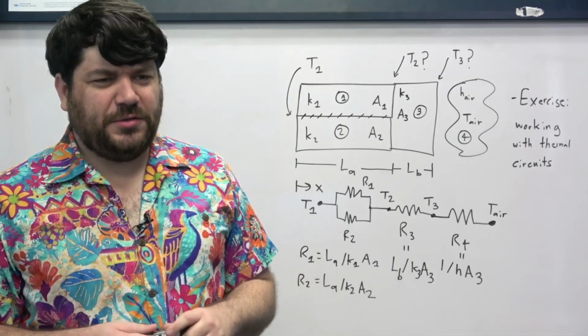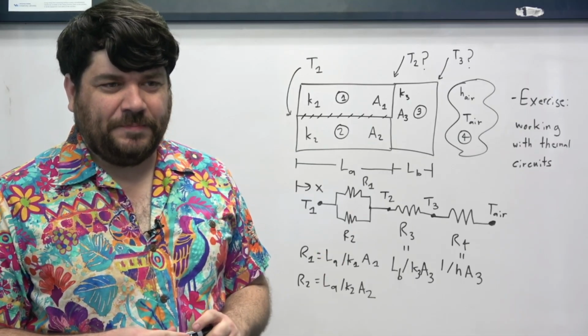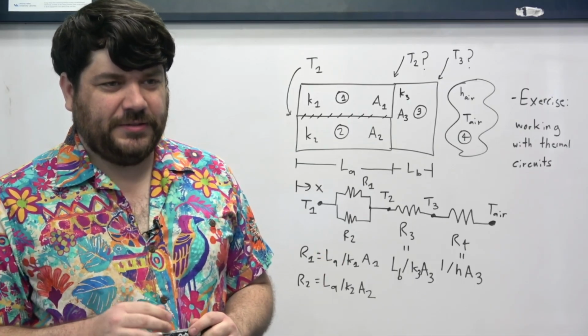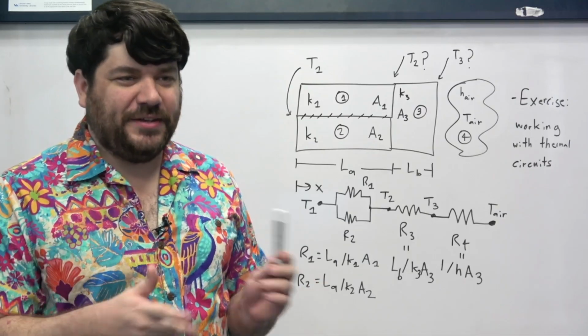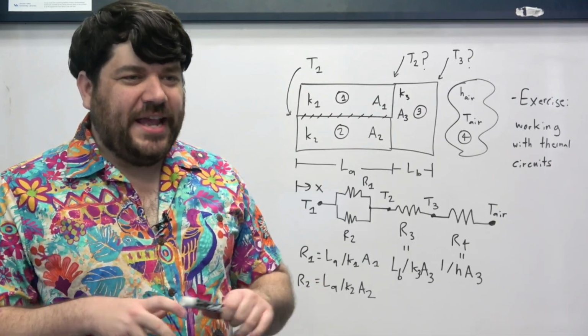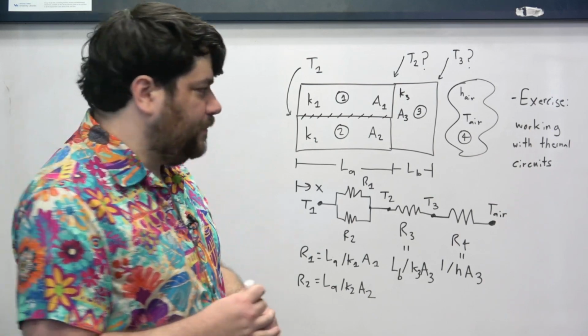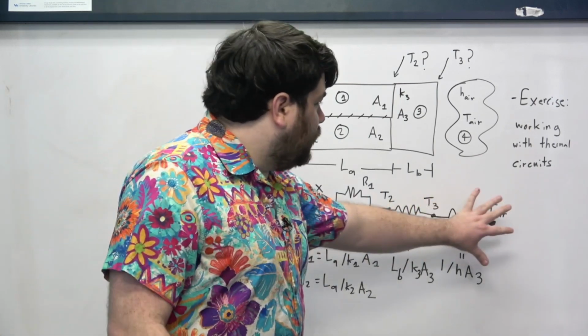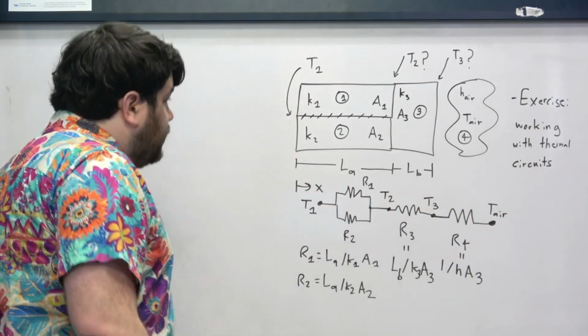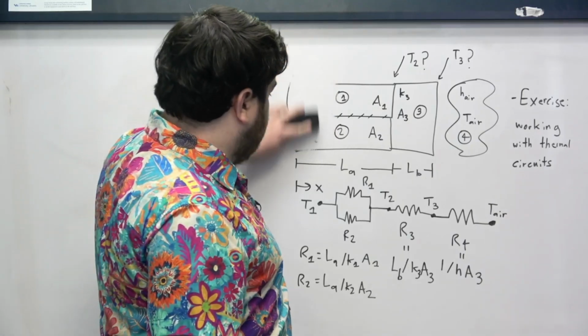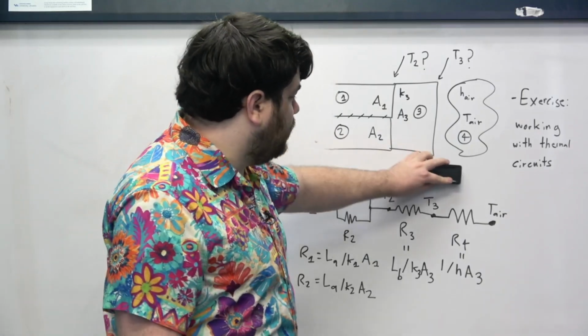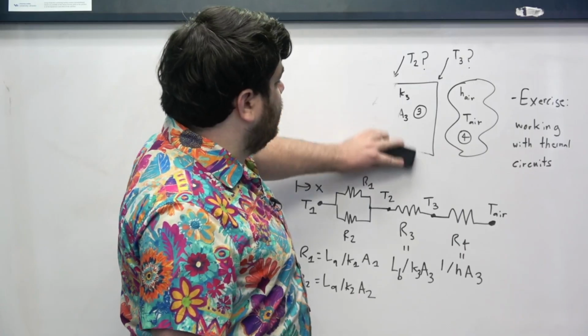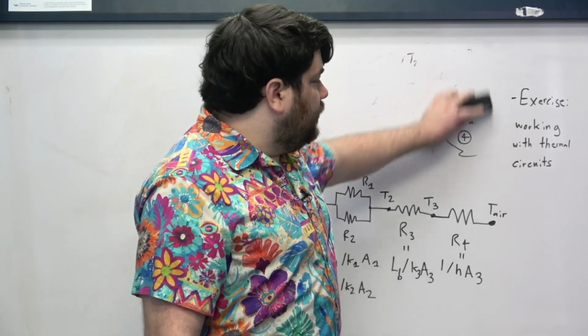Can we figure out what the heat transfer rate through this thermal circuit is? And the answer is yes, but we have to start to create equations and solve them. And so now that we've created this thermal network, it actually doesn't matter. Like this representation that we had above can be fully replaced with the diagram that we drew below.